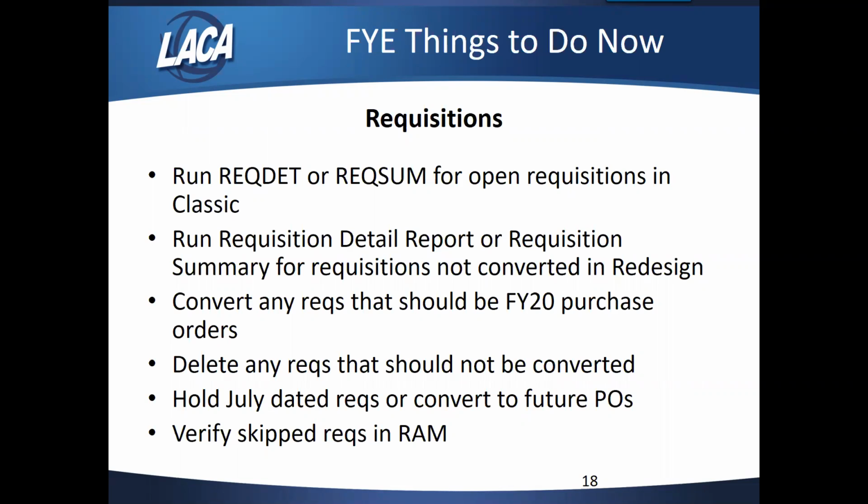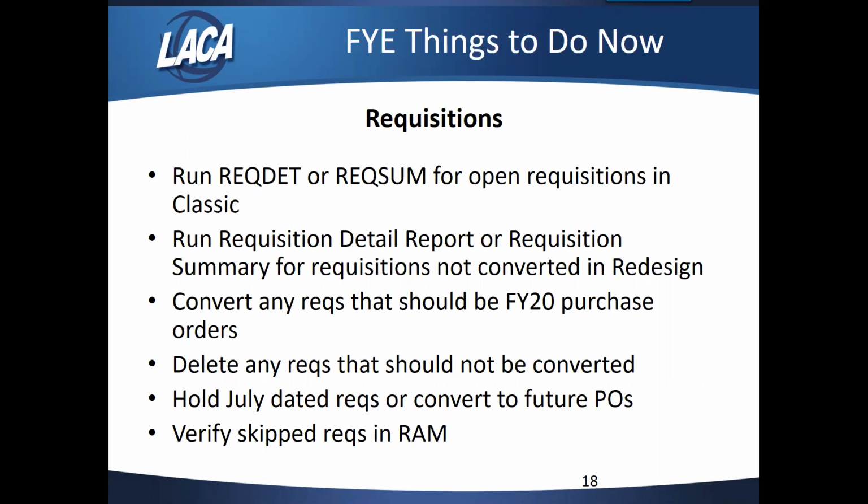Also, as you're reviewing either of those reports from Classic or the redesign, if you see any requisitions that are already entered for the future, for July 1st or after, then you as the district need to decide if you're going to hold those and convert them after you are live in July and already in FY21, or if you convert those to future purchase orders.